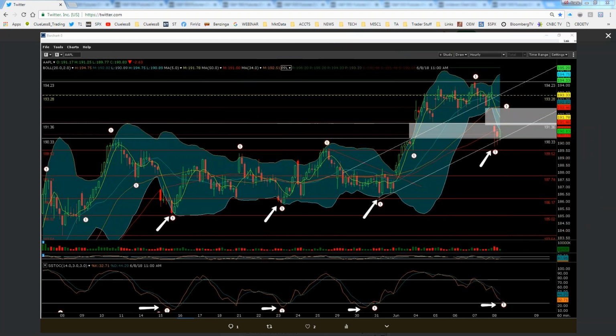Now, aside from the lottos, the channel is intact. Either we gap down here, this gap, and as tactical traders, we're prepared for all this stuff. We know where the major short-term support level is, which is 185, right there.